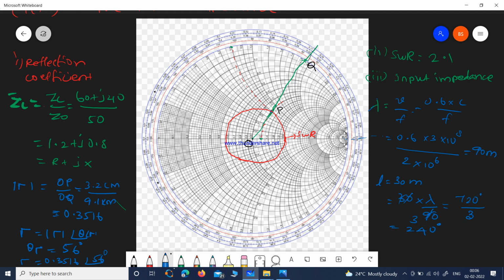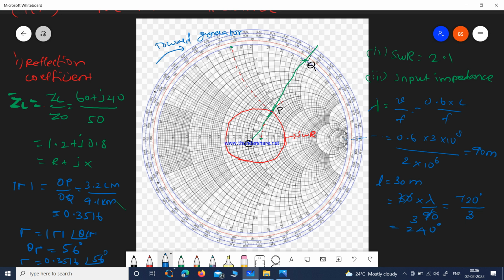So we need to find the place where, towards the generator, it should have 240 degree. So from the point OP, OQ is there, right? So as I told, it's toward generator, right? So toward generator clockwise, we need to find, or else we are also saying it's away from the load. Then that's what comes under the clockwise direction.